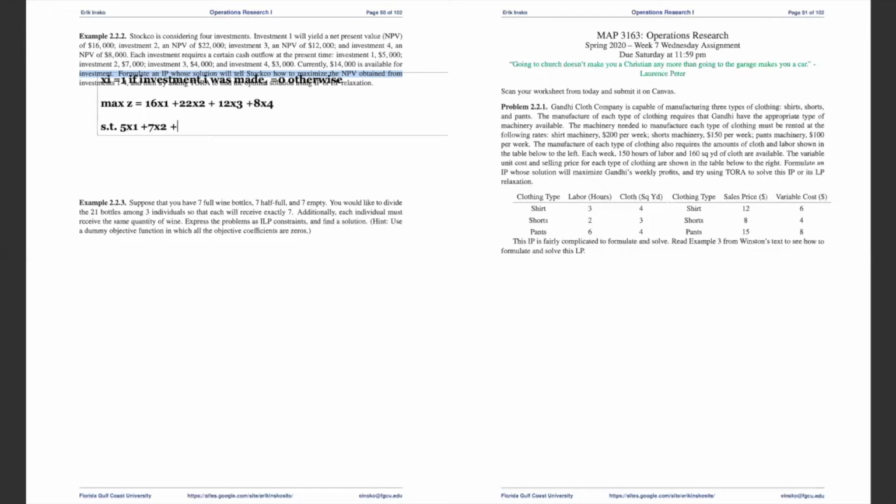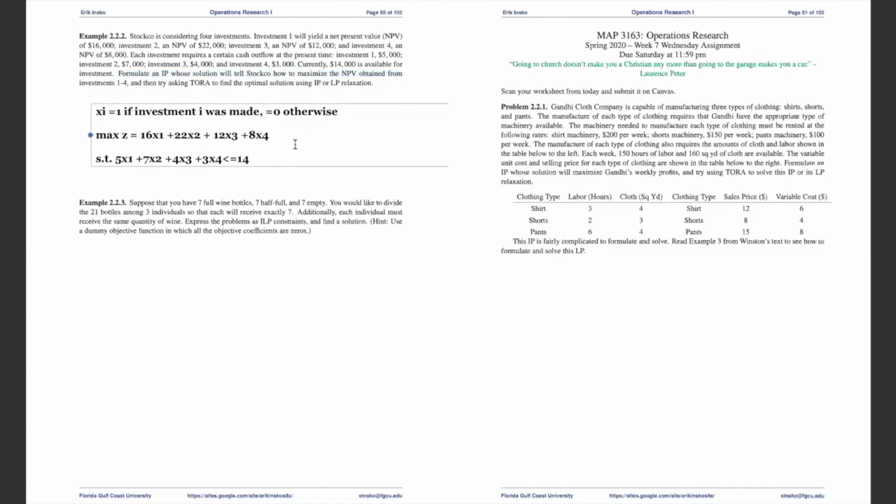The price of the second one is 7, and respectively 4 and 3 for the third and the fourth. And all the money that we can spend is actually $14,000. So using integer programming, we will plug this into Torah and see what the optimal solution is.